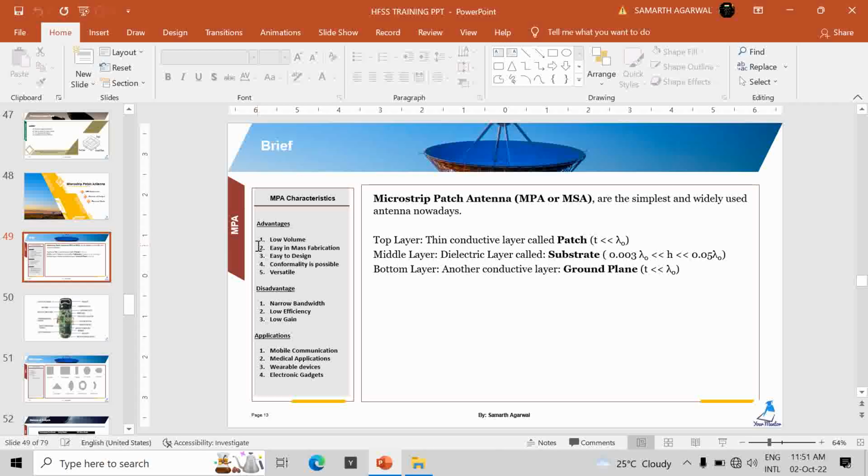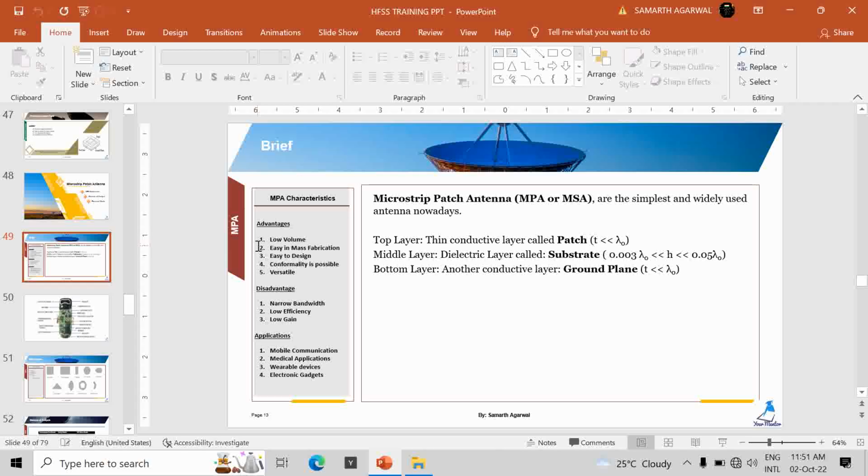Regarding the structure of the microstrip patch antenna, it consists of mainly three layers, in which two layers are conductive layers, and in between, a dielectric layer has been placed. The top layer is known as the patch. Why is it called a patch? Because it is a piece of a copper layer or a conductive layer.